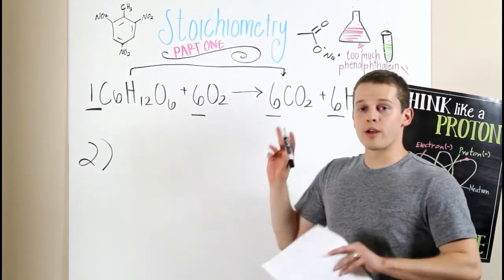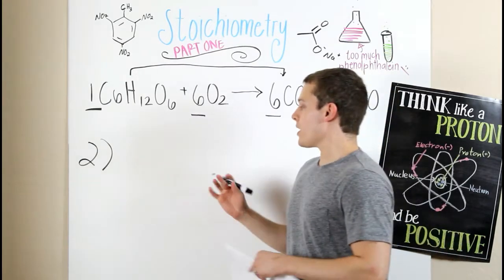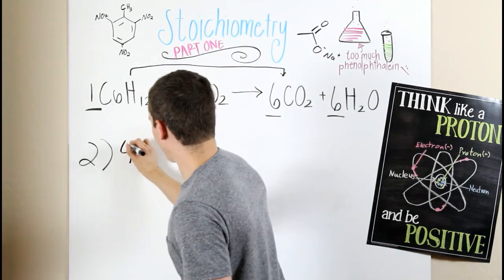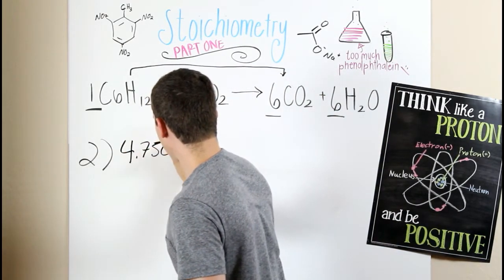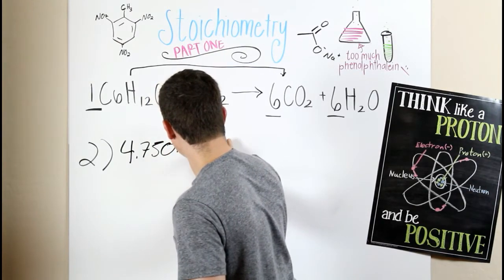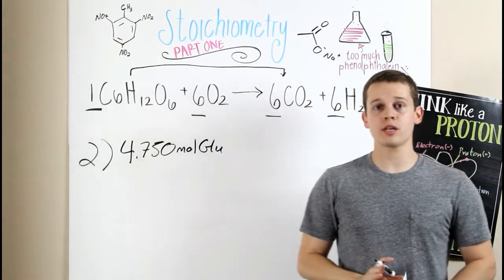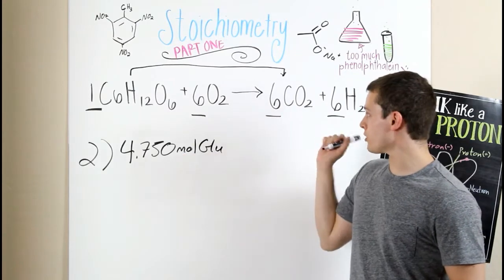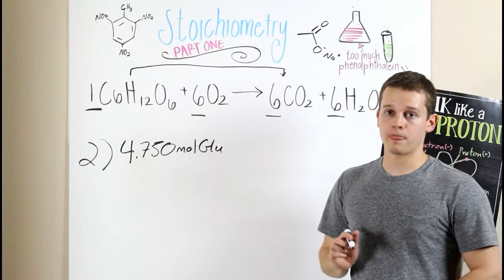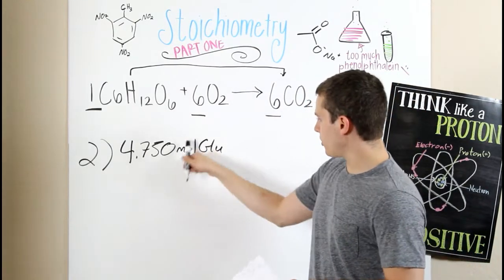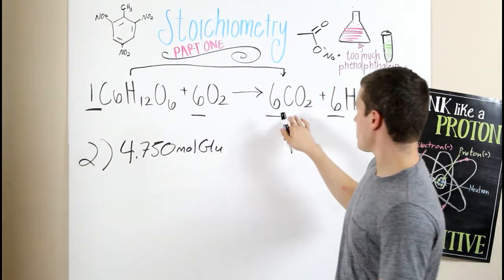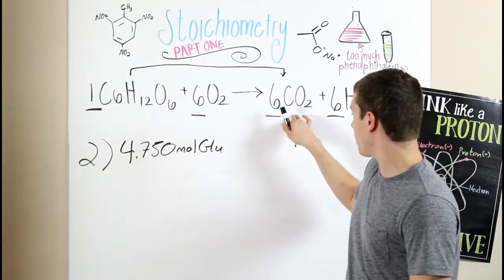Alright, so now in our step 2, we are starting with 4.750 moles of glucose. Now, remember with step 2, we want to convert moles of glucose to moles of CO2. So, we want to get rid of this moles of glucose and finish the step with moles of CO2.